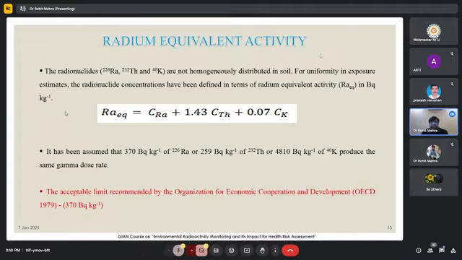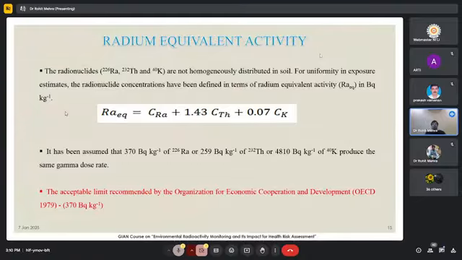And this is a standard formula: radium equivalent is equal to concentration of radium plus 1.43 times concentration of thorium plus 0.07 times concentration of potassium.